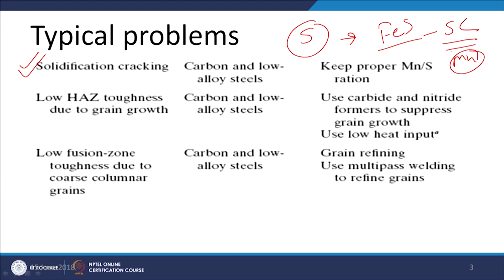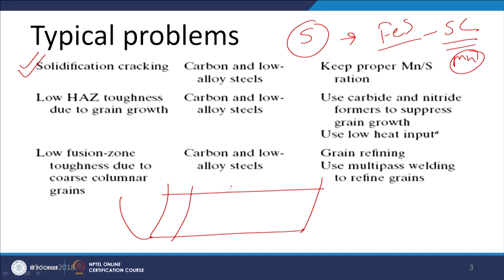As I have explained, the heat affected zone and the weld metal of transformation hardening metals like steels lead to the formation of coarse grained martensite, which reduces toughness and increases embrittlement of the heat affected zone.